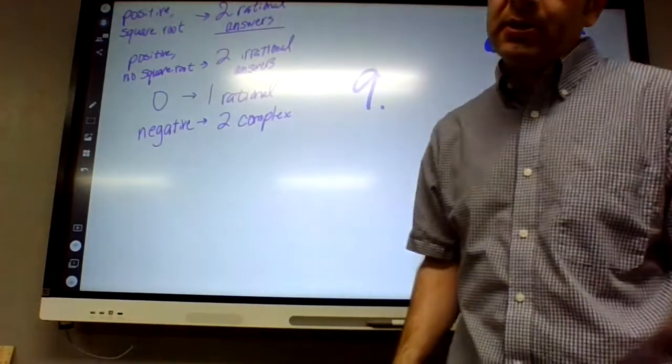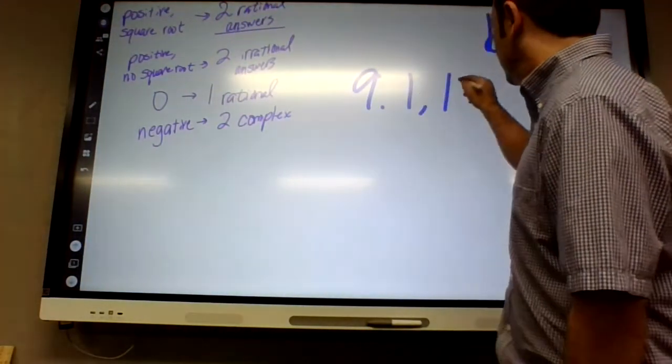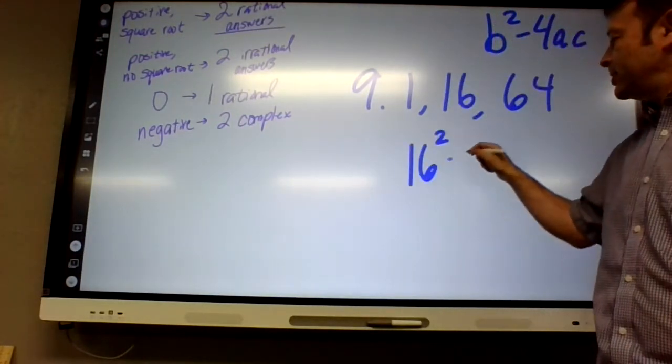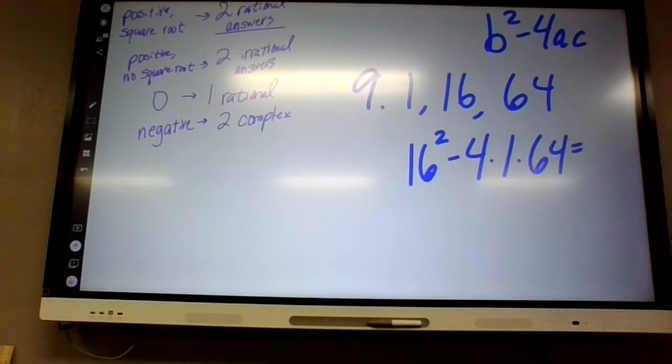Number 9. On 9, the a, b, and c is 1, 16, and 64. So b squared minus 4ac is 16 times 16. Give me a second.